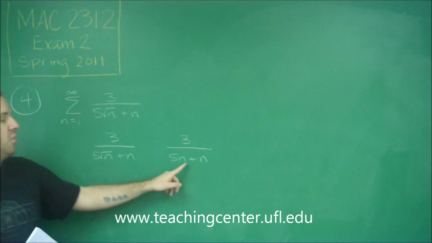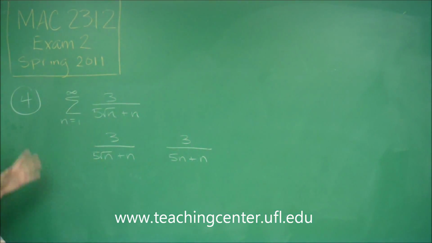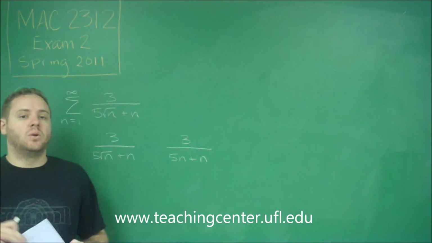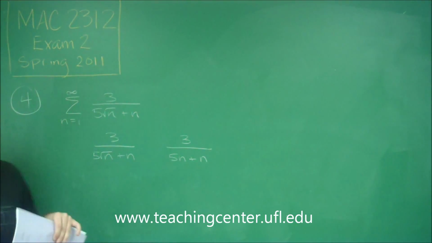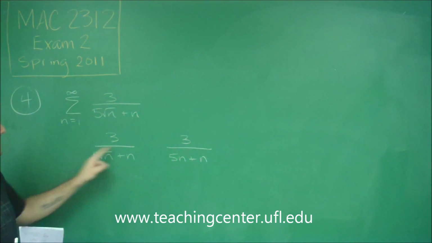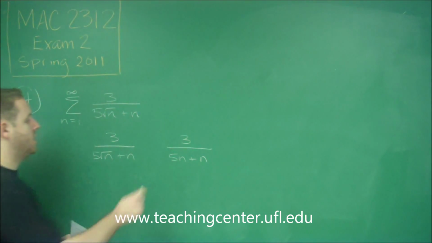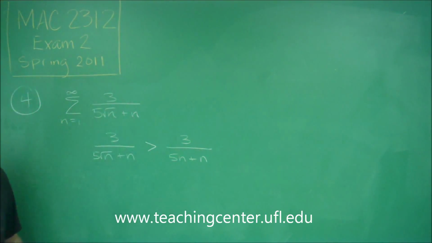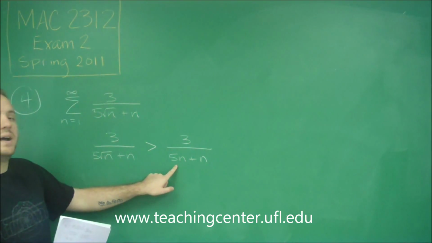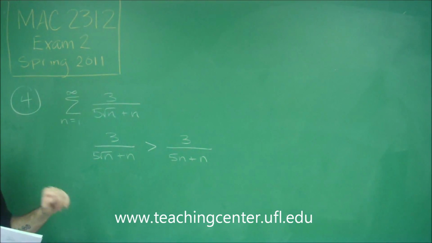Square root of n is always smaller than n for n greater than 1, because obviously at 1 they're equal. Remember though that when you're doing a comparison, it only has to be true for large n. And for large n, this is definitely smaller than that. Meaning this whole denominator is smaller than that denominator, and if the denominator is smaller, then this one is larger. So if we can show that this diverges, this definitely diverges by comparison because this is larger.